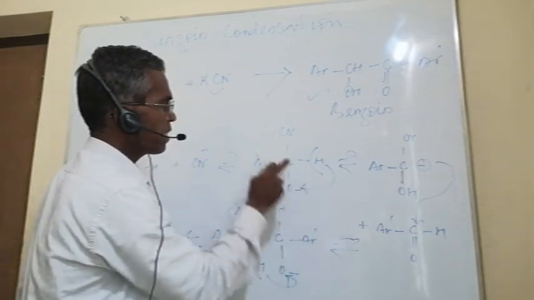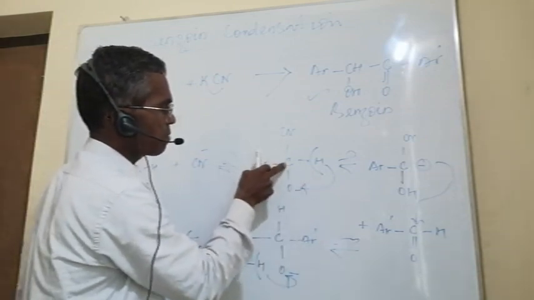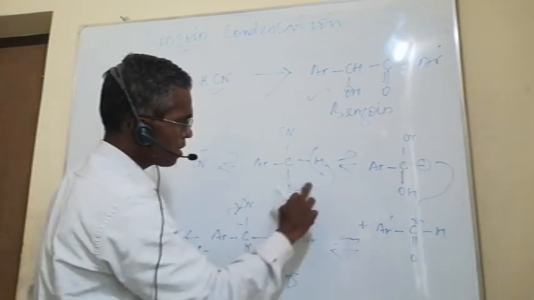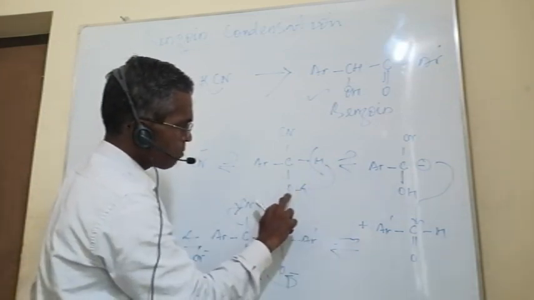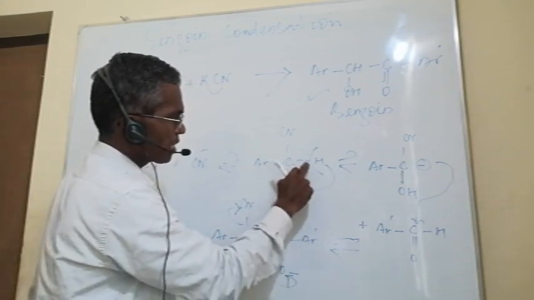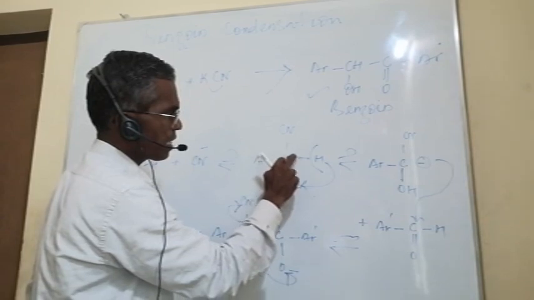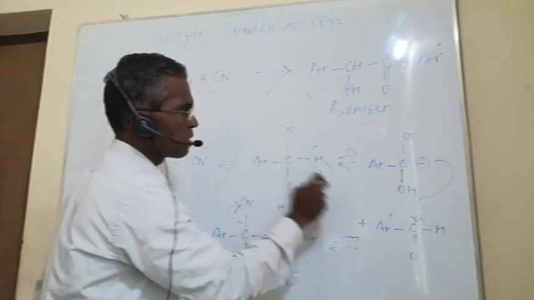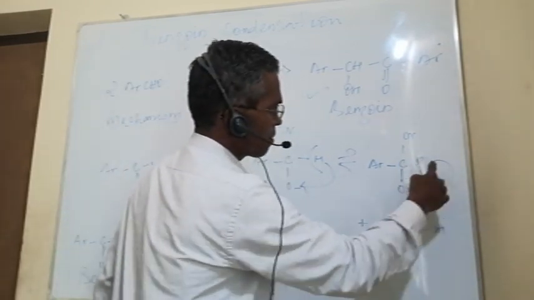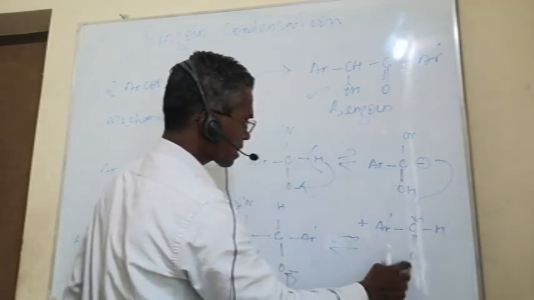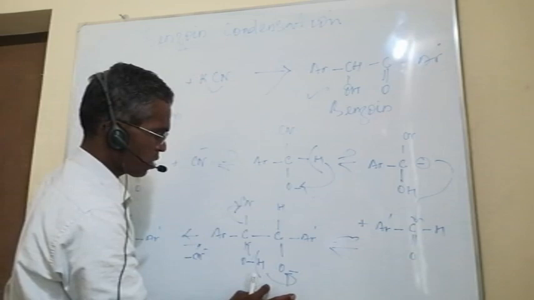In the next step, the addition of CN to this carbon has already taken place. The next step is movement of this proton, changing the O minus into OH, leaving the minus over this carbon, making this carbon a carbanion, C minus. This C minus in the next step will add to the carbon of another aldehydic molecule, and the addition has taken place now in this.